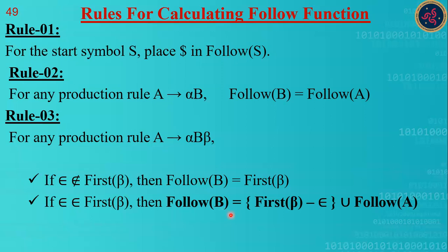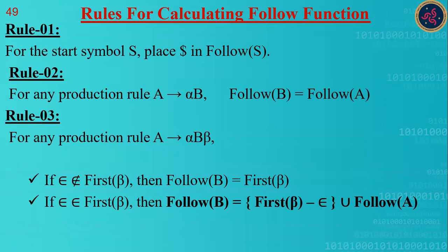When a terminal is following a non-terminal symbol, you can directly take it out. If it is a non-terminal, we need to use this equation, that is follow of beta minus epsilon union follow of A. When we look at the example, we will be more clear about this formula.